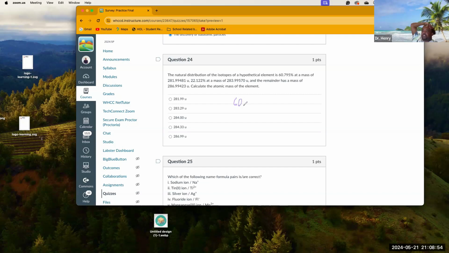So we could take that 60.795% and multiply that times this value, 281.99481 units.